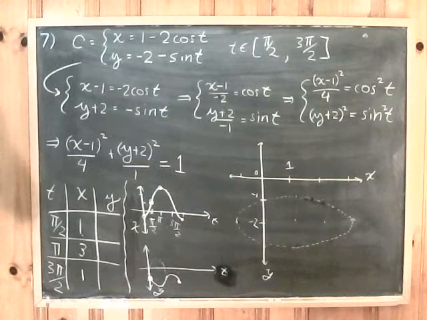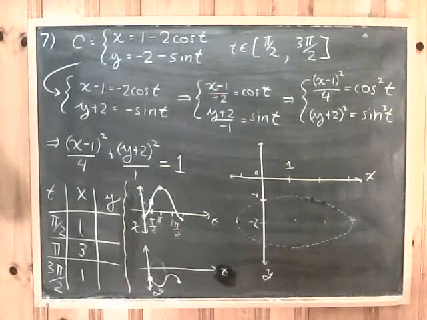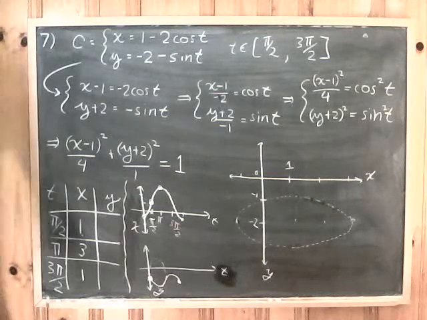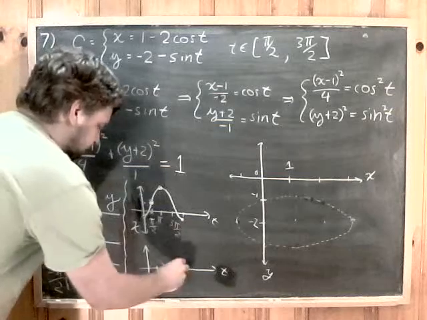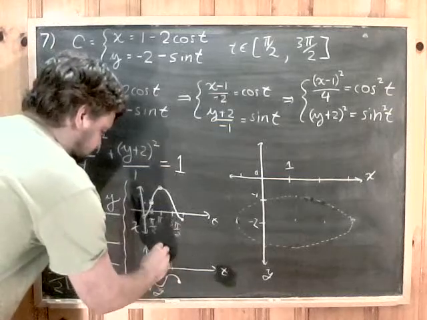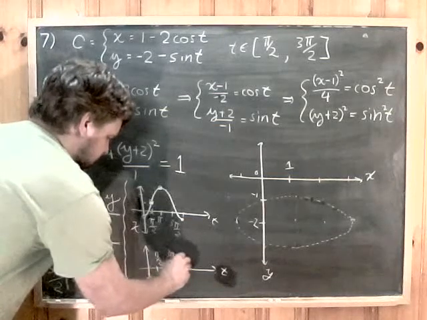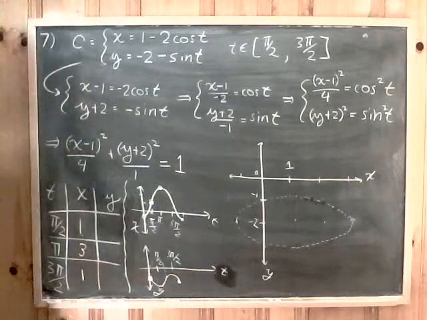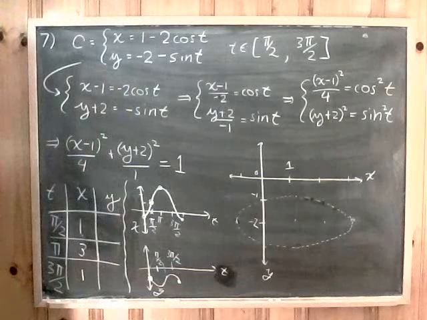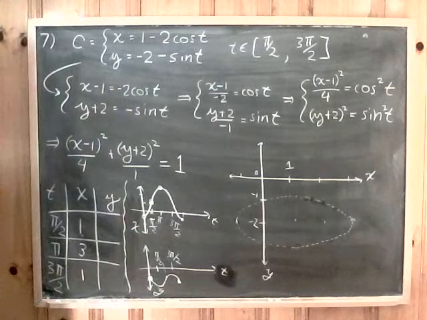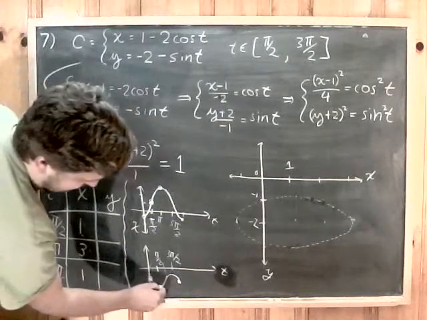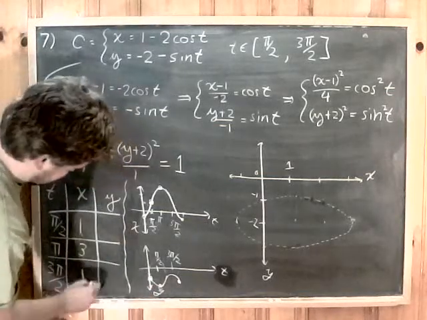And so when I plug in pi over 2, sine usually gives me a 1. So here's pi over 2, and this would be 3 pi over 2. So sine usually gives me a 1. Then I would have -1, so I would end up with a -2 minus 1, or -3. So yeah, that's where I am down there, -3.